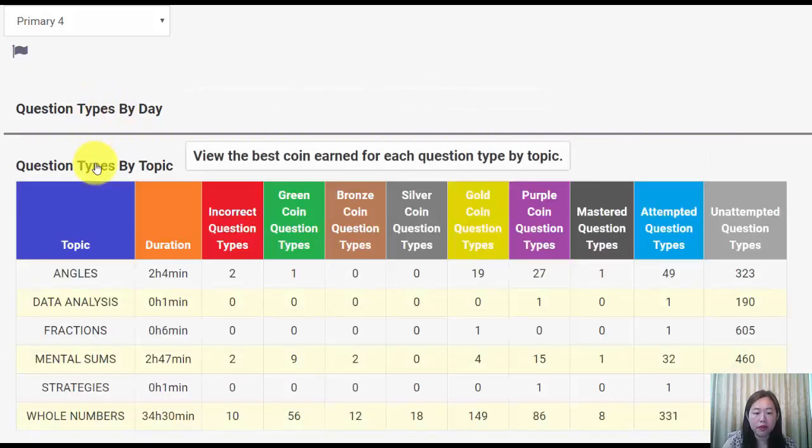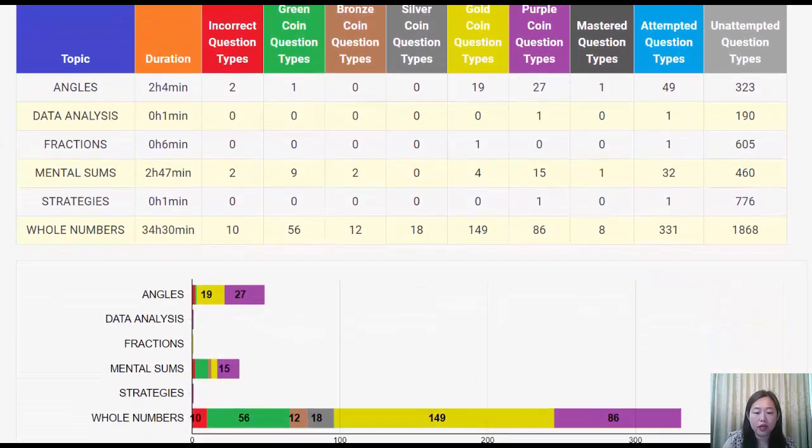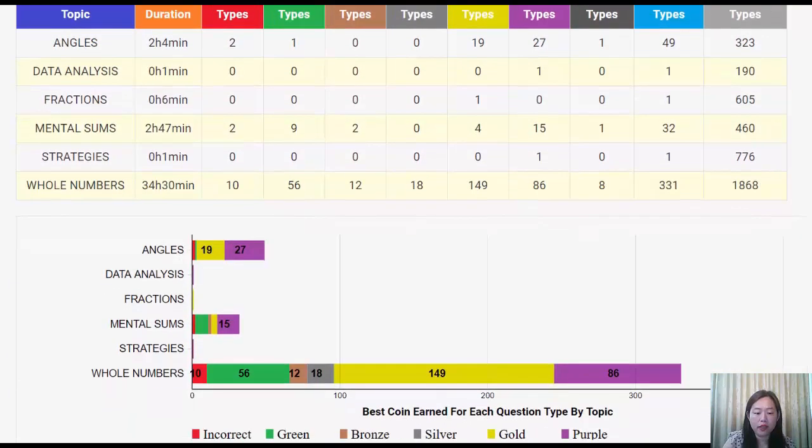This is your question type by topic, so you can see which topics you are strong or weak at. The longer the red bar, the weaker your understanding of the topic. Likewise, you can also click on any of the numbers here to go back to that question.